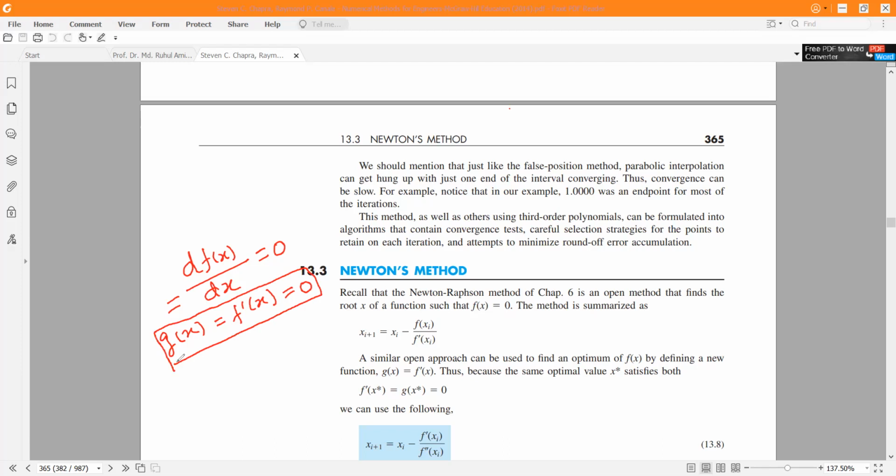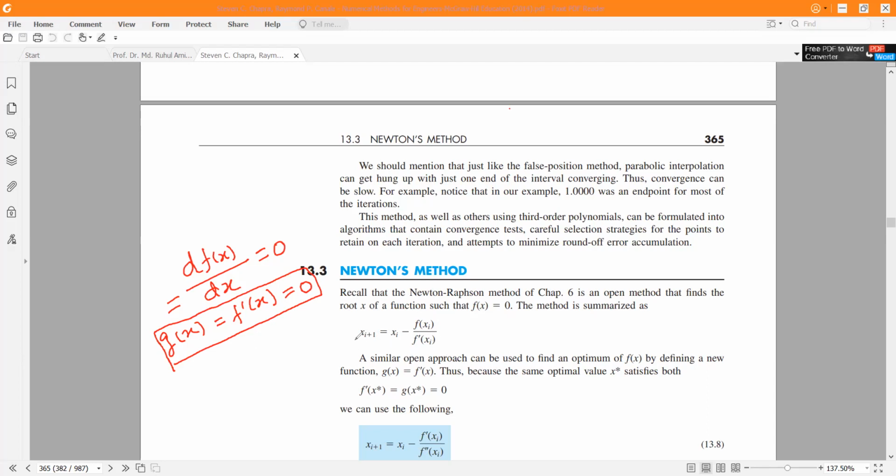Yes, sir. Because our objective is what? We need to find the value of x at which your g(x) would be equal to 0. That is similar to your root finding type problem. But then any root finding algorithm can be applied there. So Newton method is one of the best and efficient methods with some pitfalls, but still it is widely used. Then we can apply it.